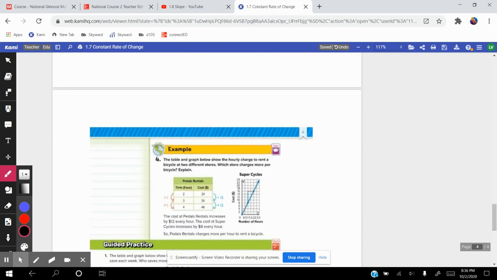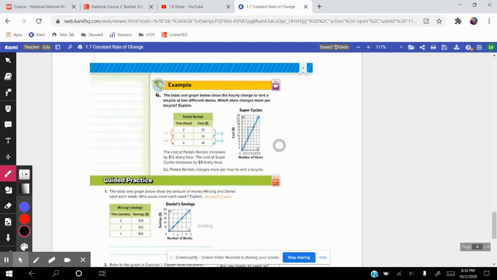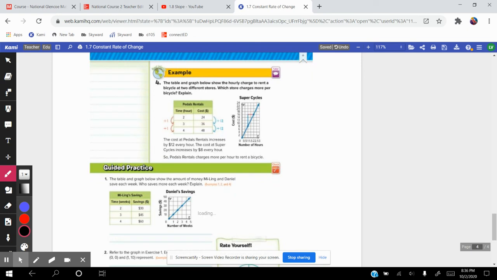Example 4. The table and graph below show the hourly charge to rent a bicycle at 2 different stores. Which store charges more per bicycle, and explain? So we need to find the rate of change. The table shows Pedal Rentals. Each hour we are increasing by 1.